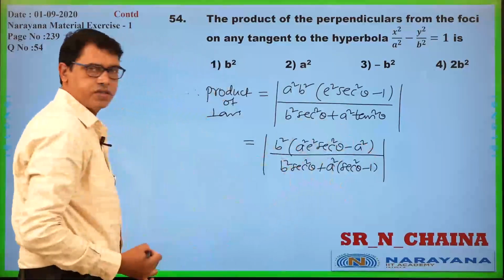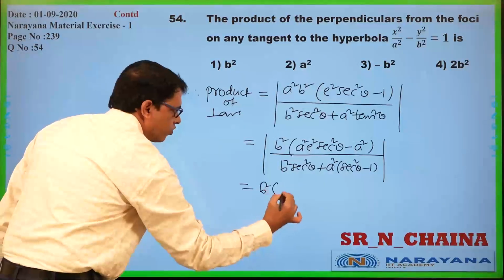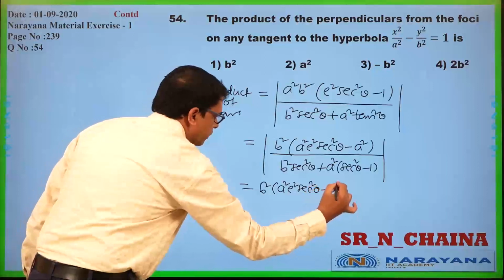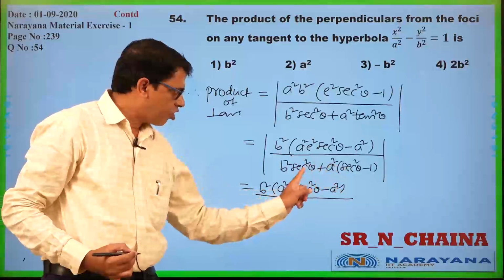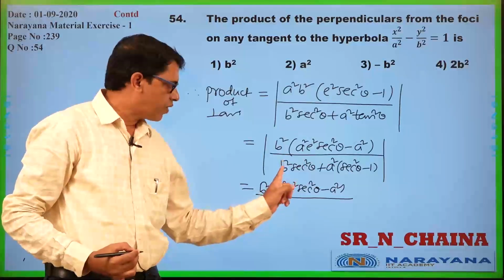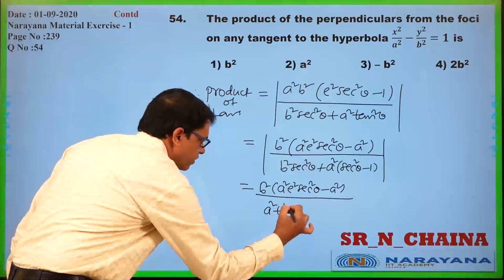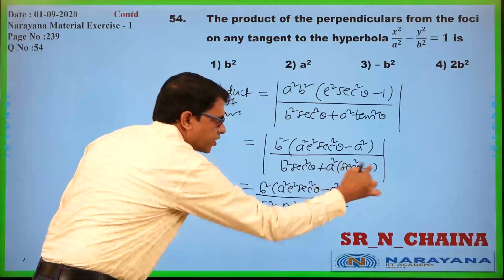Now what do we get? So keep the numerator the same. So b square whole into a square e square secant square theta minus a square upon. So here I can take secant square common. Here a square plus b square, so a square plus b square into secant square minus a square.